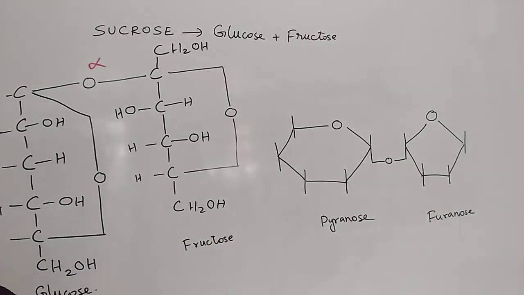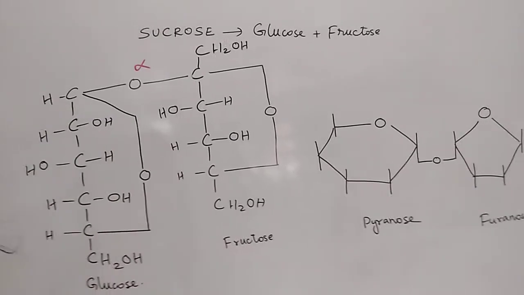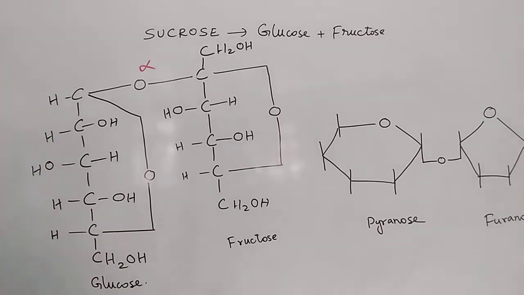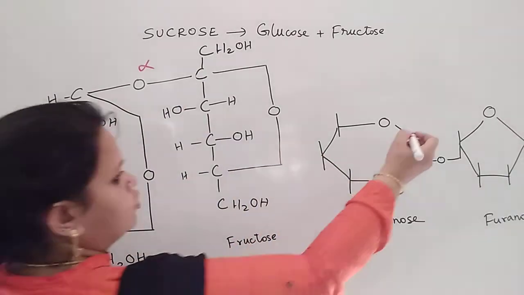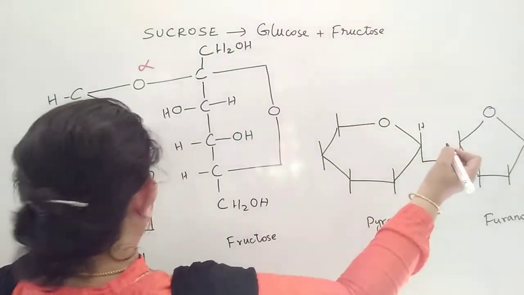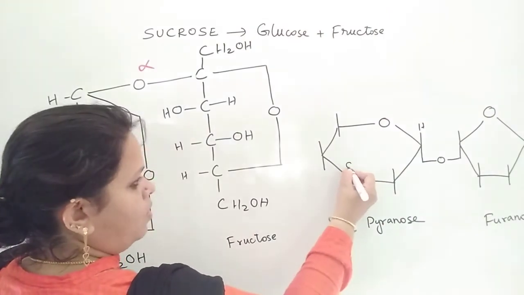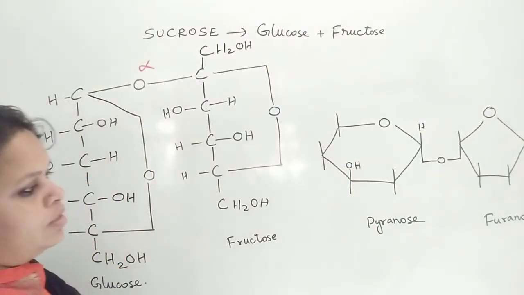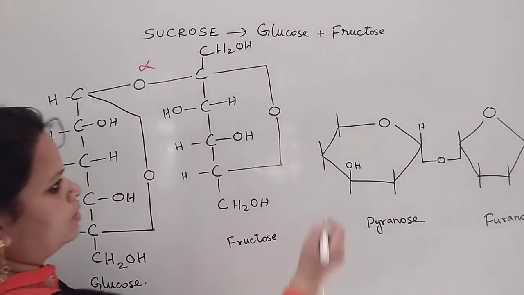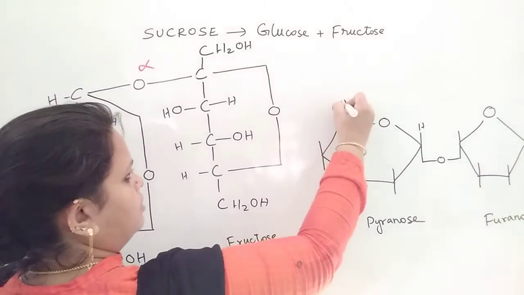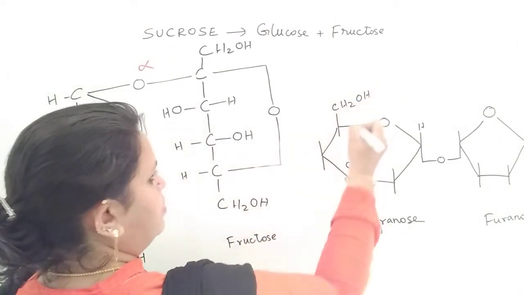We know that hydrogen is on the first carbon atom, hydrogen is on the left, so it is up. And on the third carbon atom, OH is on the left, so it is up. And the last, it is CH2OH up.